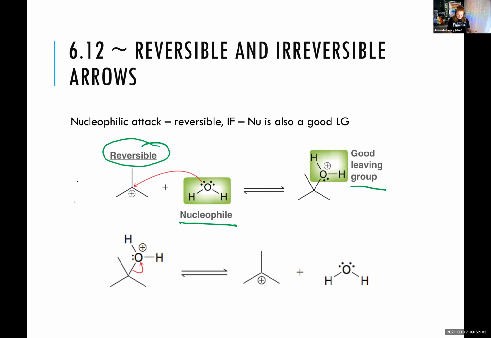So this is the nucleophilic attack. This is the loss of a leaving group. It's the same pieces, just in opposite orders. So this will be a reversible reaction if our nucleophile is also a good leaving group. Right now, you don't need to know what makes a leaving group a good leaving group. That's actually something we'll talk about in the next chapter. So this is something that will come up quite a bit next week and the week after.